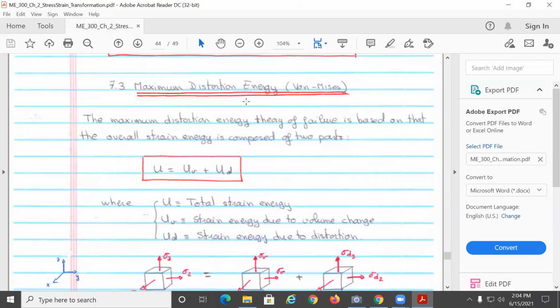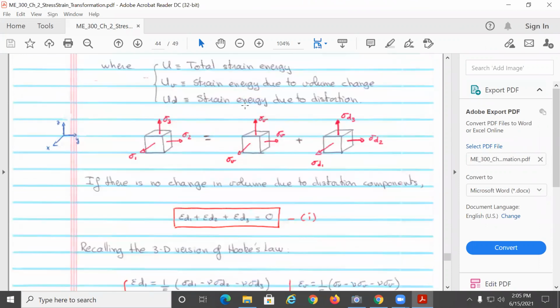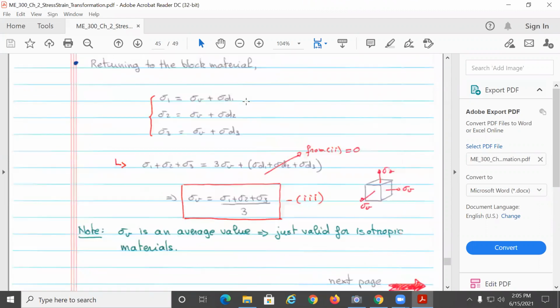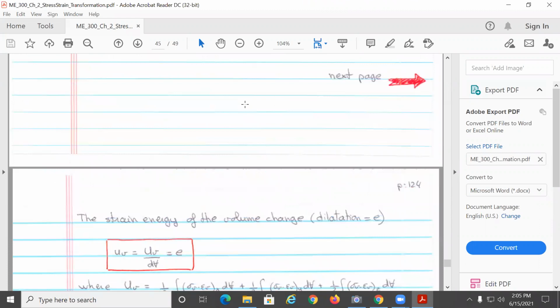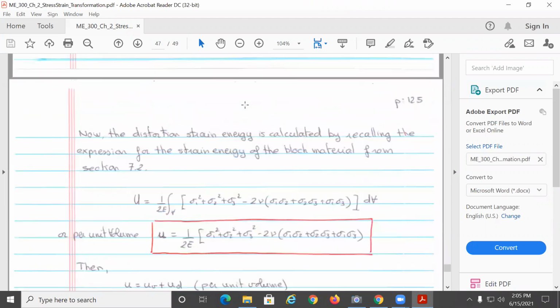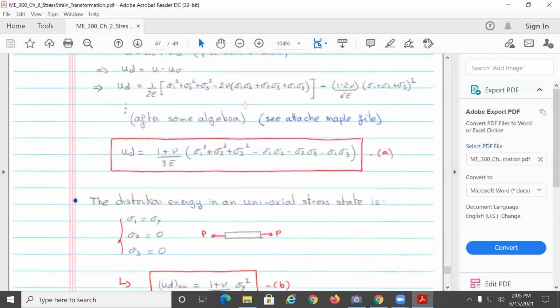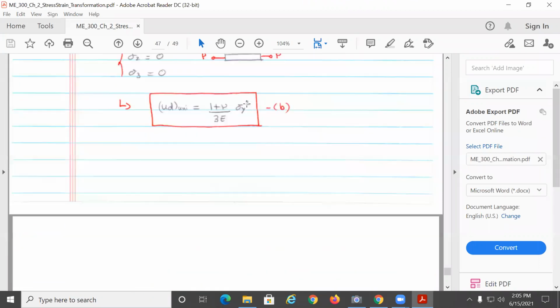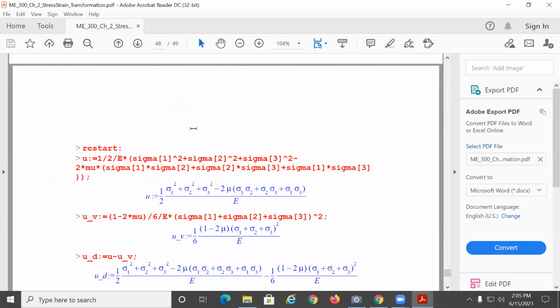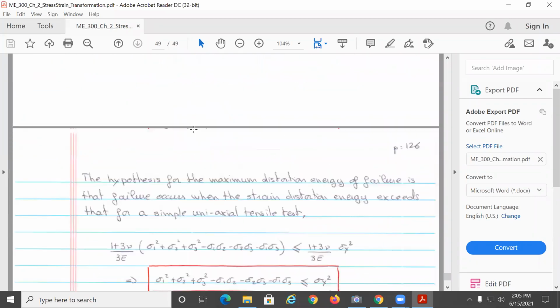All right, maximum distortion energy is basically the same thing. Here you have the derivation. We end up to, let's see what would be the equation. I think we get to this equation here, okay? This is the derivation.